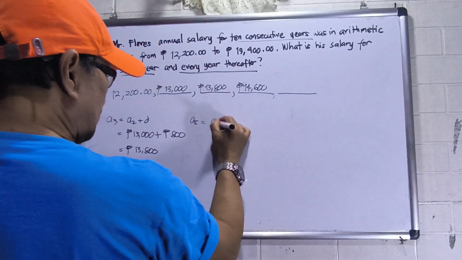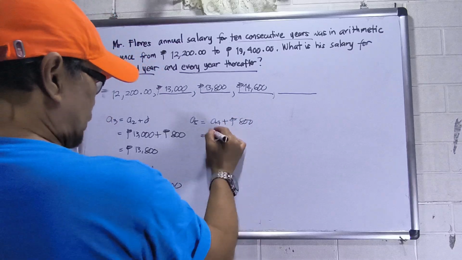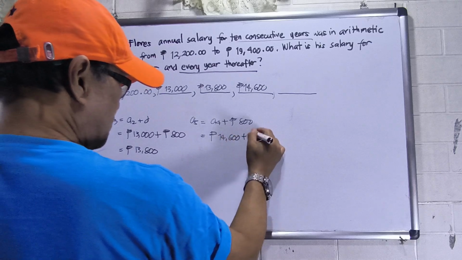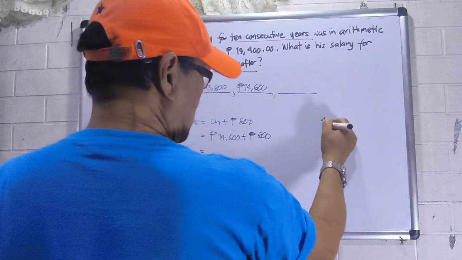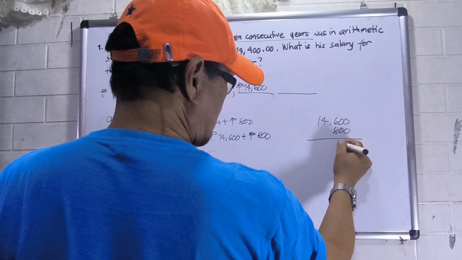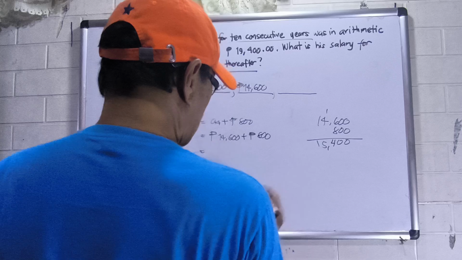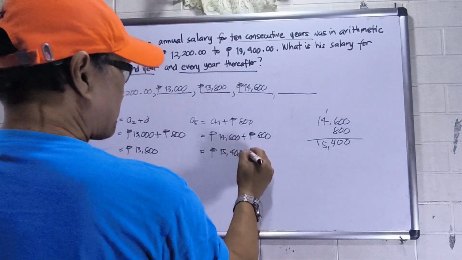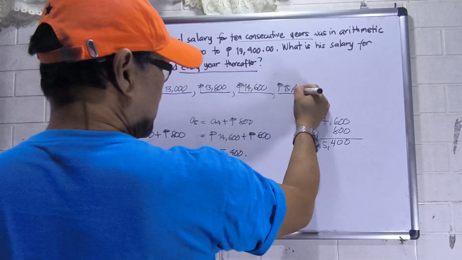A5 is equal to A4 plus 800. So A4 is 14,600 plus 800. That gives 15,400.